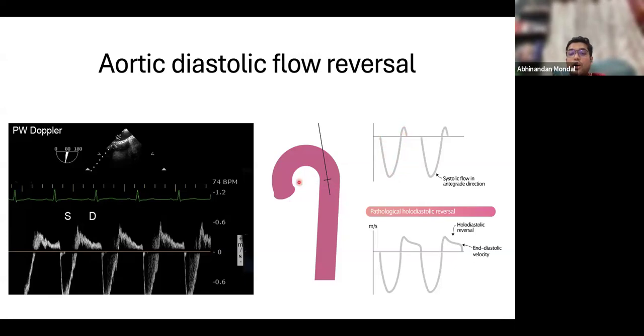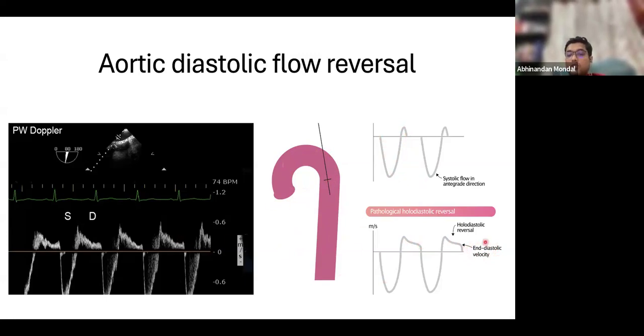But in case of significant and severe AR, blood will be continuously leaking back into the LV. That means the reversed flow continues and creates a waveform like this. The end diastolic velocity will be more than 20.